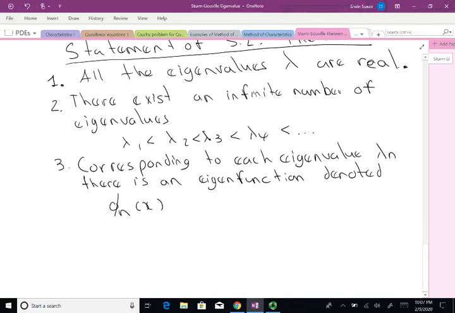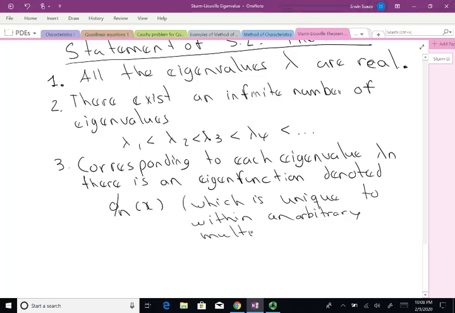So we just call it phi sub n of x, which is unique up to, or as they say, to within an arbitrary multiplicative constant.